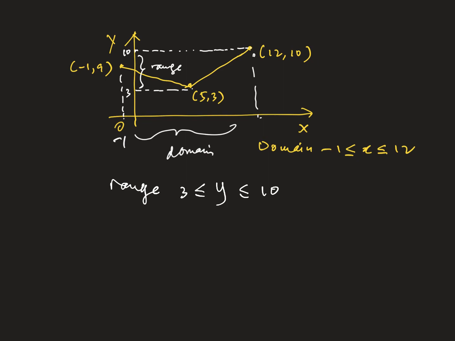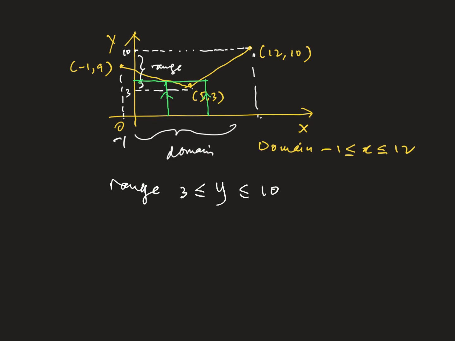Now let's see what type of relationship there is between x and y. From the graph you can see that there is more than one object that has the same image, right?